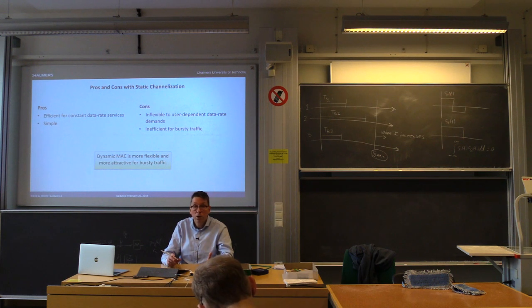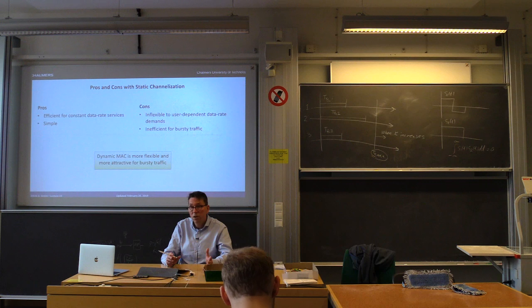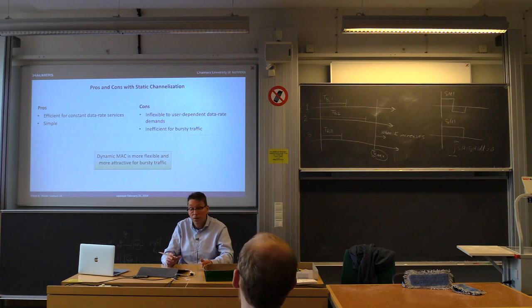But of course, if we have a radio station that doesn't transmit 24/7, then that channel is sometimes not used. So it's a little bit inefficient. It's inefficient in that sense. So the cons is that it's inefficient to user-dependent data rate demands, right? And it's inefficient for bursty traffic.